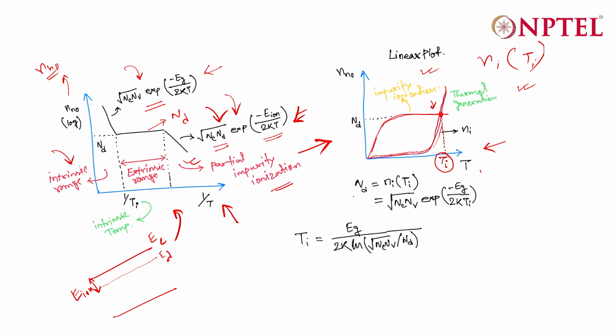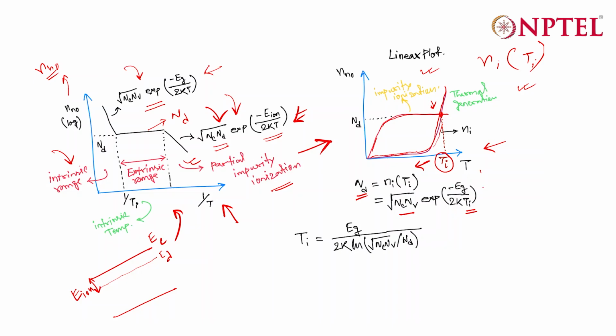So you can write, at intrinsic temperature Ti, the concentration Nd will be Ni at Ti. Now just put the value of Ni, that is root NcNv exponential minus Eg by 2k Ti. Instead of T, this will be Ti.